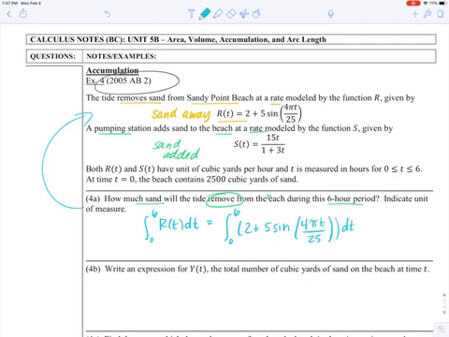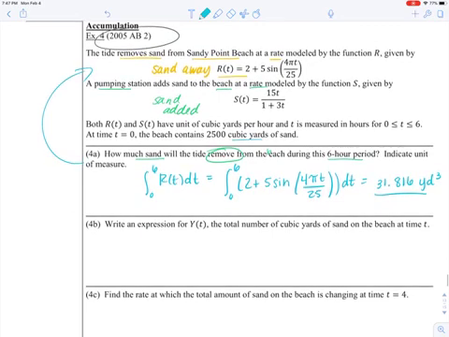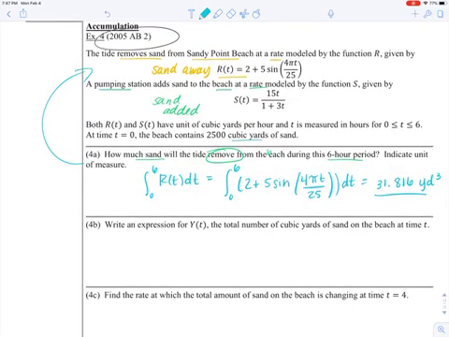Don't forget a dt. And when I throw that on my calculator, I end up with about 31.816 yards cubed, okay? And I know that because it says we're talking about a unit of cubic yards. So in 6 hours, that is the amount of sand that is going away from the beach, okay?